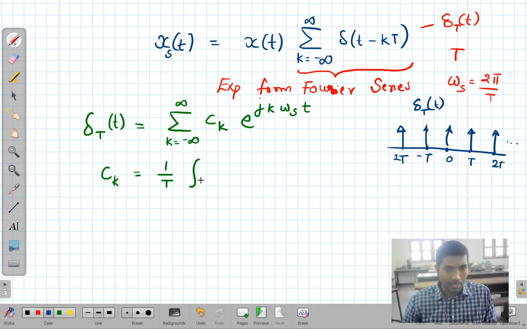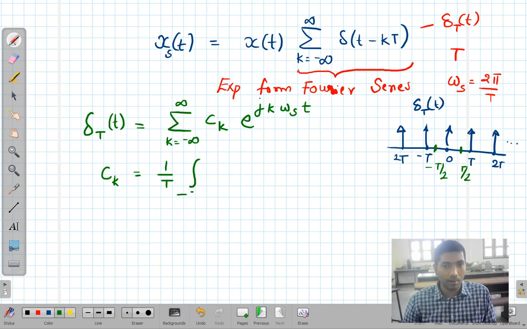c_k is 1 by capital T, integral over a time period. For convenience, let's take the period as from minus T by 2 to plus T by 2. So that forms a period, right?